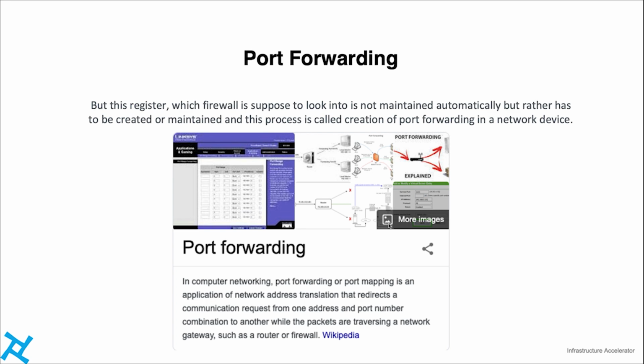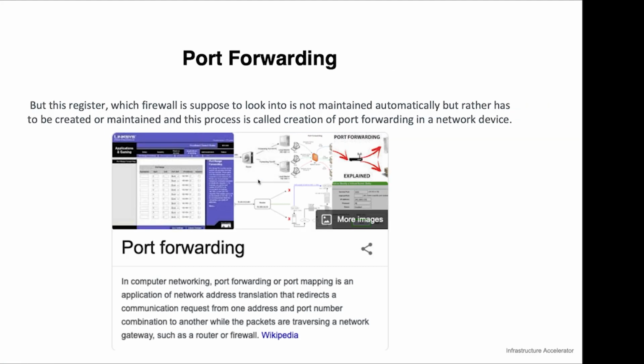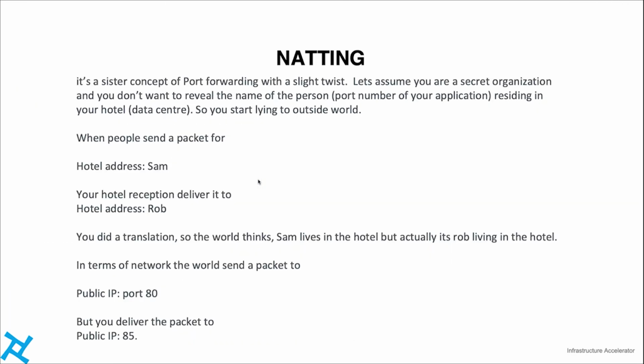So let's look at the Google definition. In computer networking, port forwarding or port mapping is an application of network address translation that redirects a communication request from one address and port number combination to another while the packet is traversing a network gateway, such as a router or a firewall. So basically it is done on a router or a firewall, and it is a register which maintains this data. And as you can see here, this is kind of a table, which is a port forwarding table, and I'll try to open my router and show it to you as well.